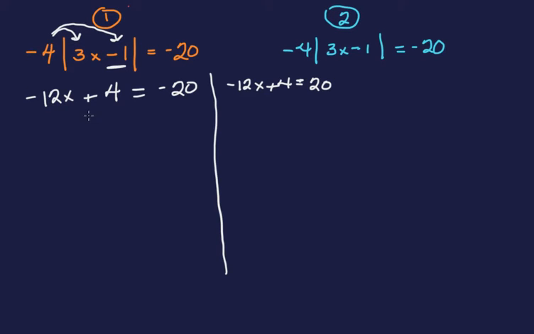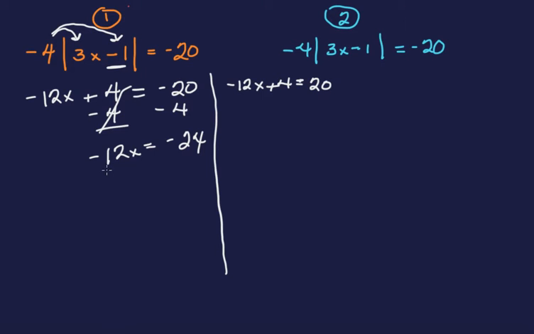And here we go. First step, of course, is to subtract 4 from both sides. And that goes away. And so now I have negative 12x equals negative 24. Right? Negative 20 and negative 4 is negative 24.